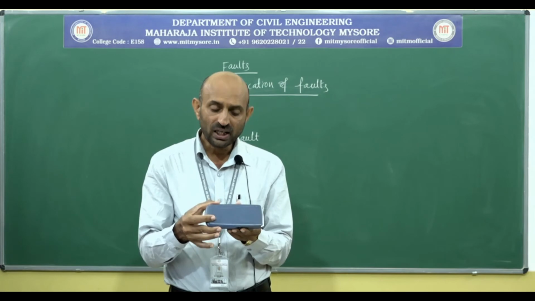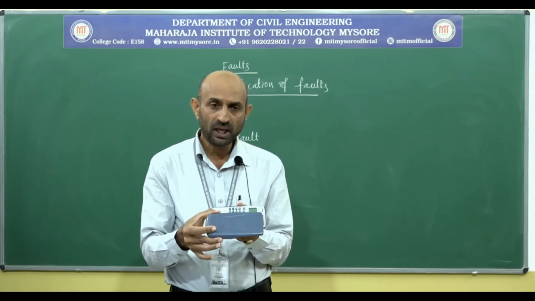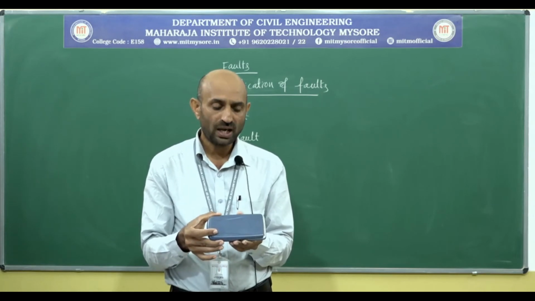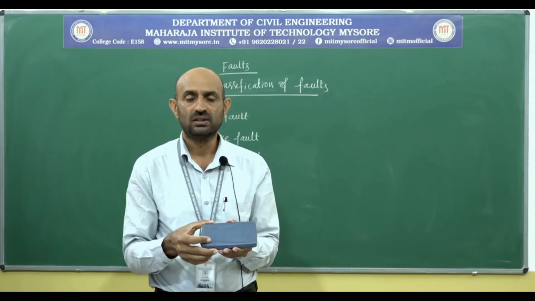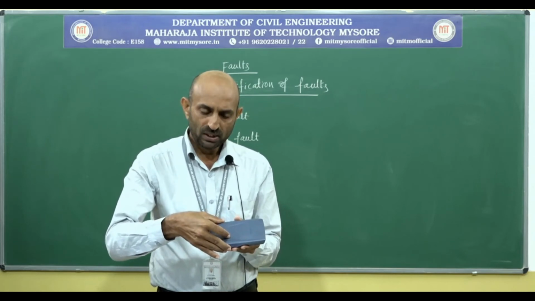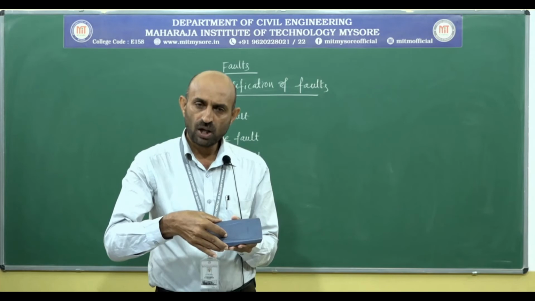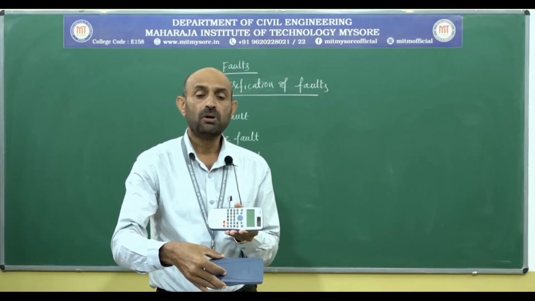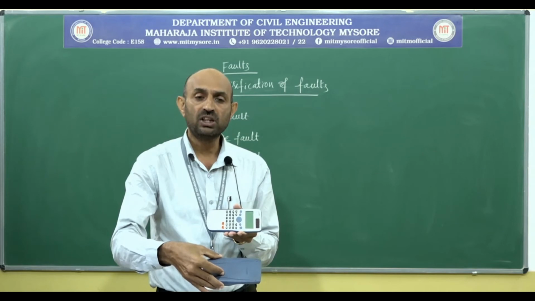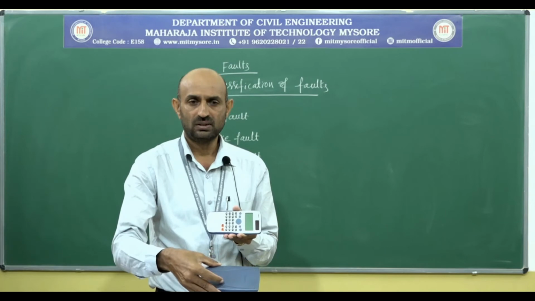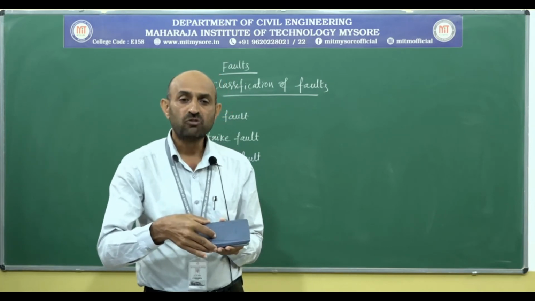When the inclination, which means the fault plane, is in the direction of the dip, then it is called dip fault. The downward movement of rock blocks must be displaced along the dip plane, along the fault plane, towards the dip. The another one is strike fault.